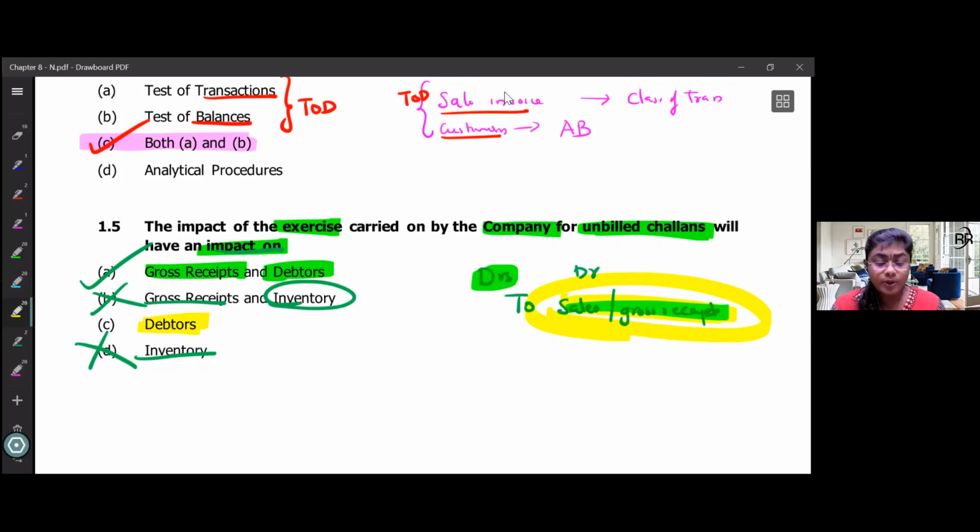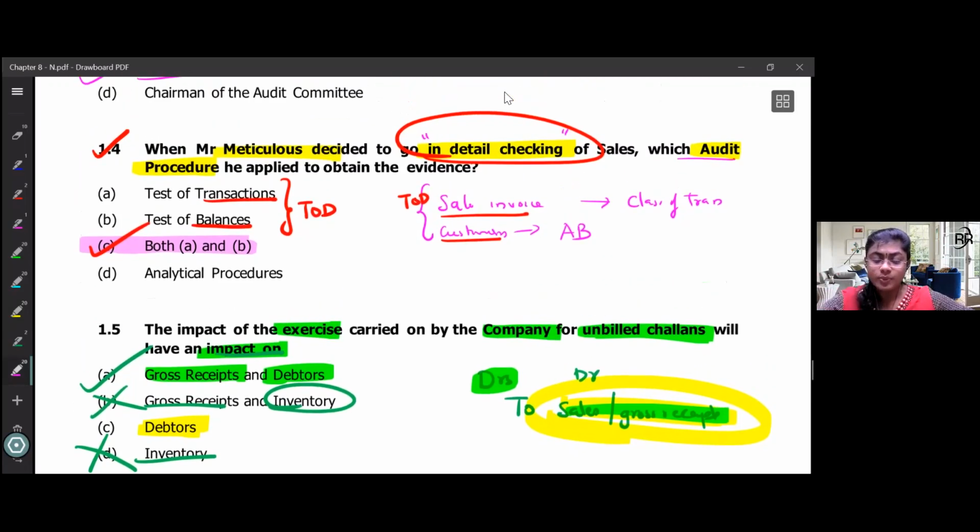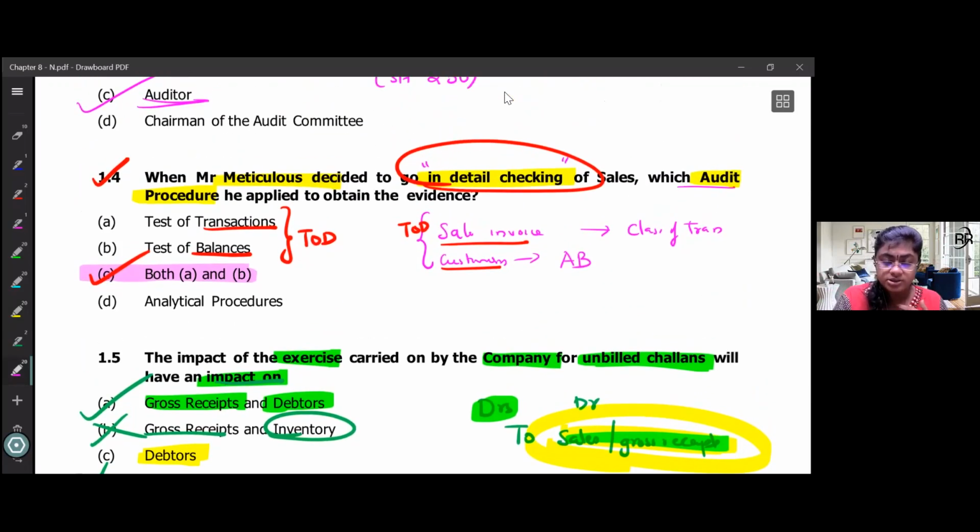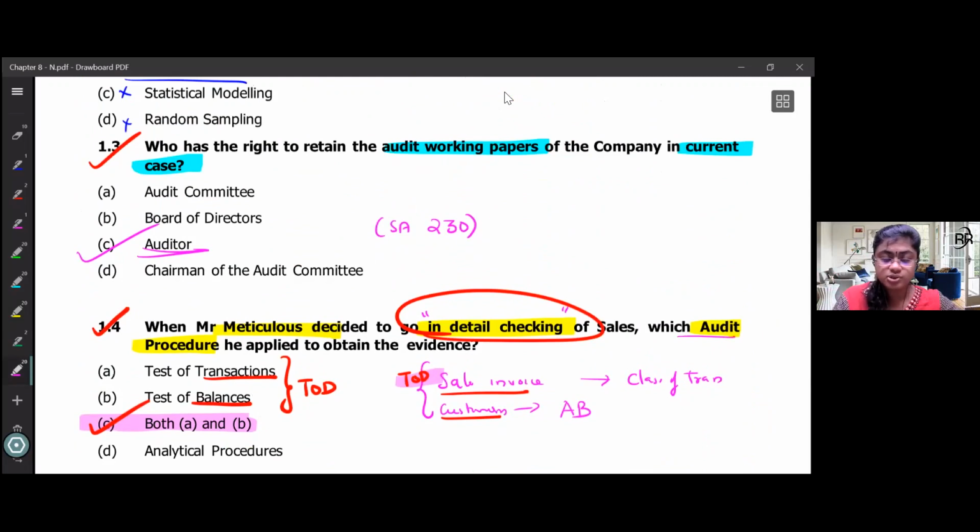I hope you are clear with this case study scenario. See, students, if you had noticed, while doing this case study, we were saying TOD, SA 230, referring to various other terms other than SA 520. So this is how a case study scenario will come for the examination also.